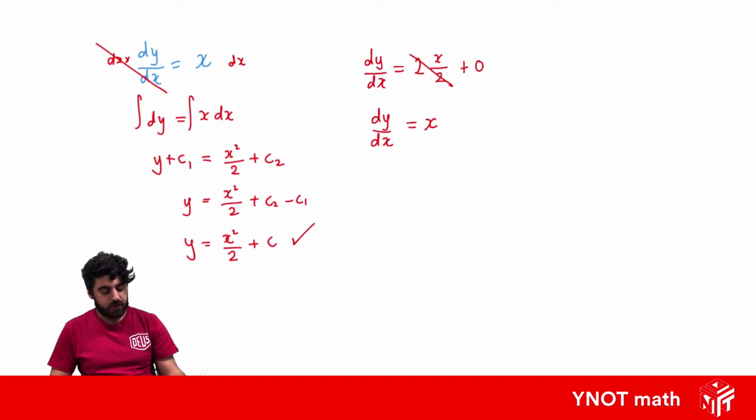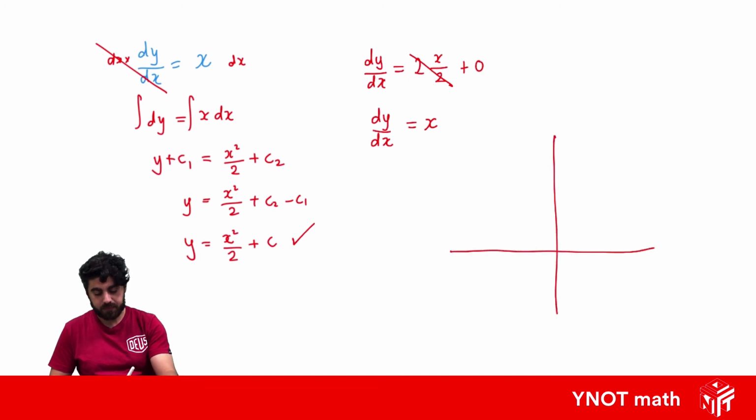And just graphically, if you wanted to look at what this is representing, our solution of x squared on 2 plus a constant is all the possible parabolas that will satisfy our condition. So this is y equals x squared on 2 plus 0.